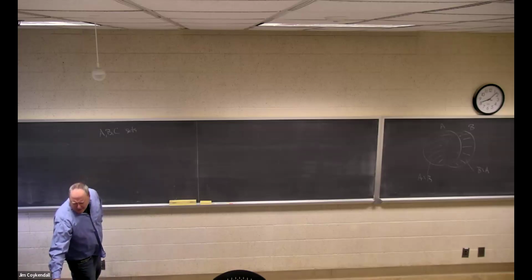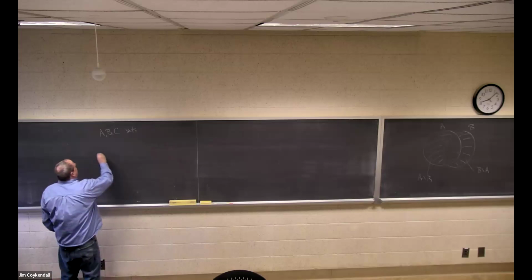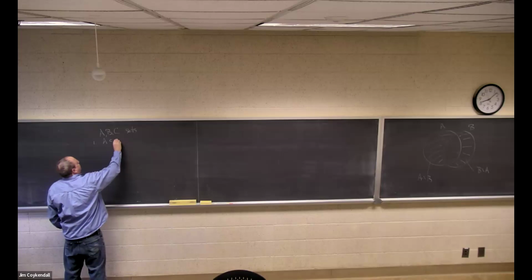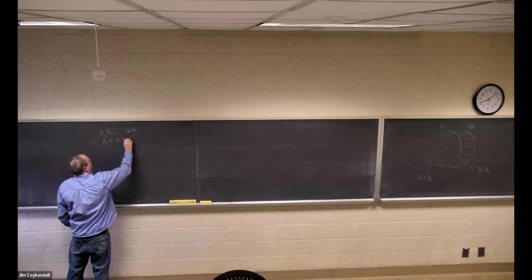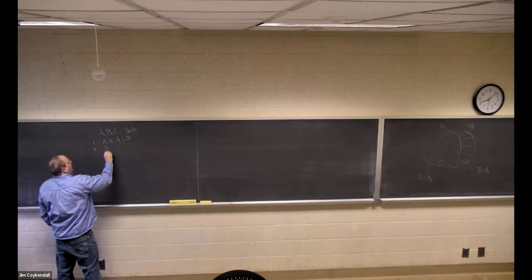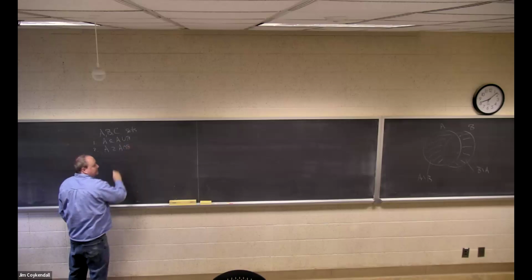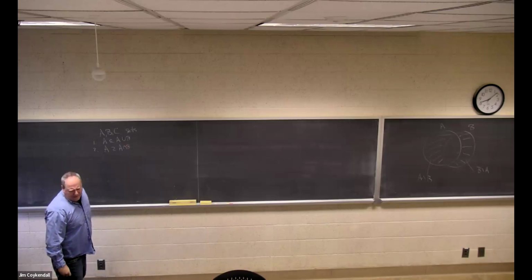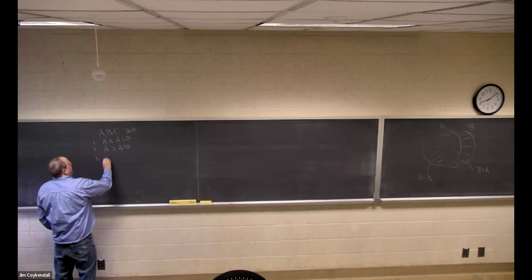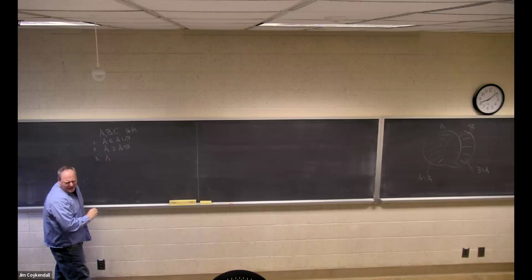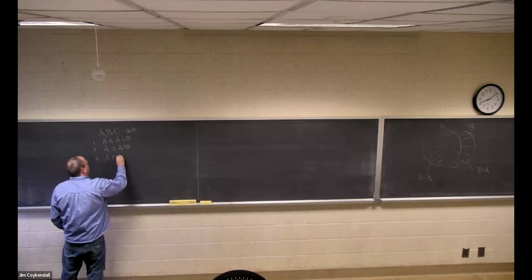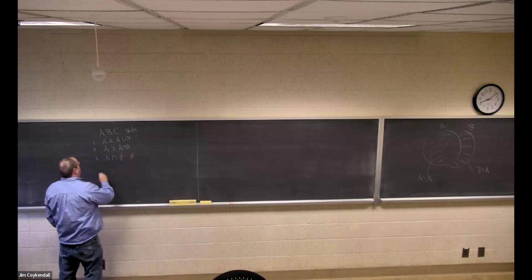What do we have? Well, we have that A is contained in A union B. Two, A contains A intersection B. Three, A intersect the empty set is empty.